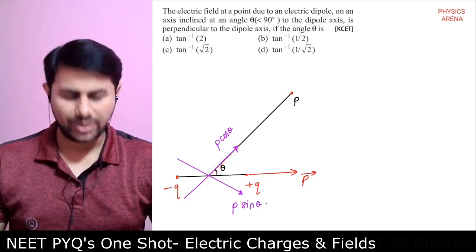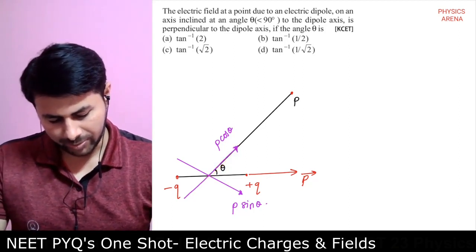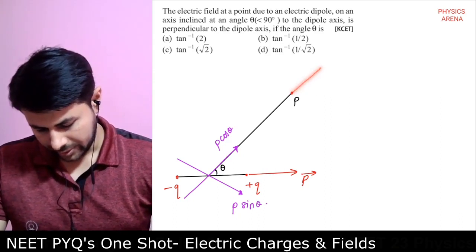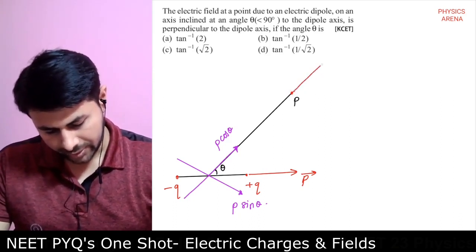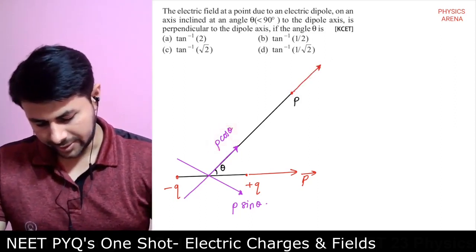Okay, for axial point, we know the electric field is in same direction as that of the dipole moment. So the electric field due to this component is directed like this.